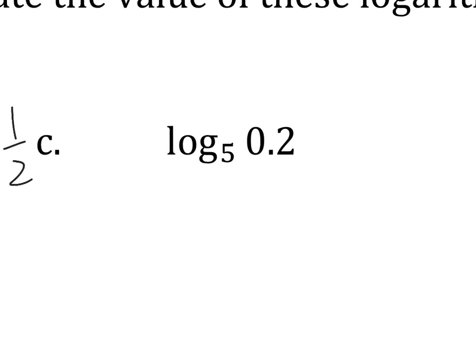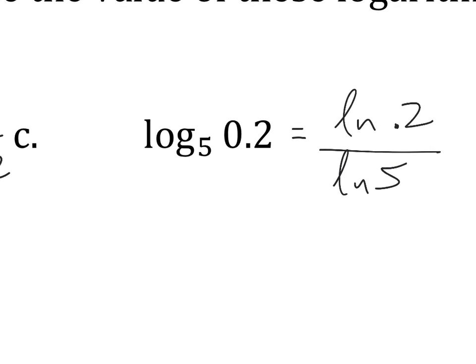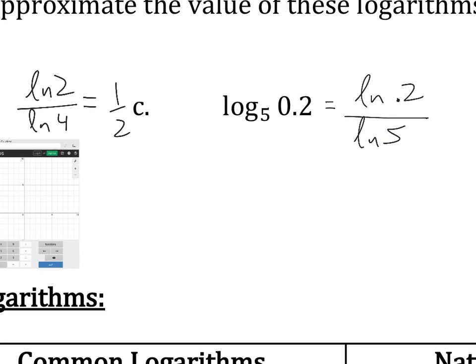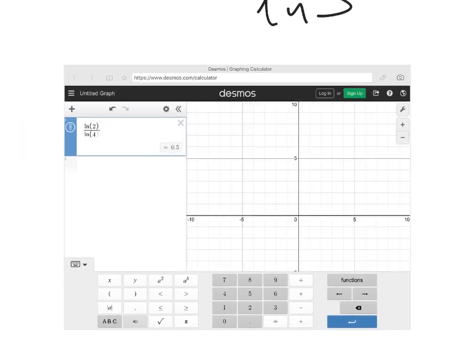And one more, if we have log base 5 of 0.2, well, that's the same as the natural log of 0.2 all over the natural log of 5. You can try that out.